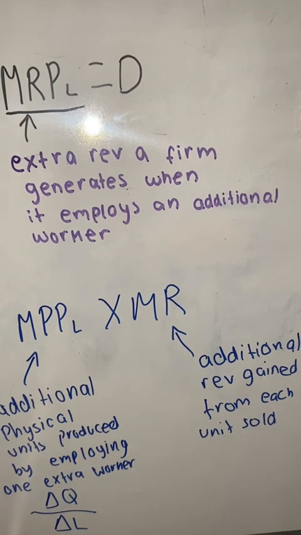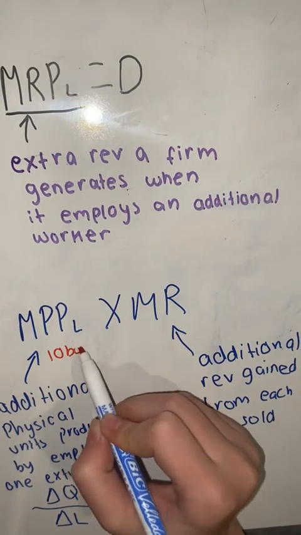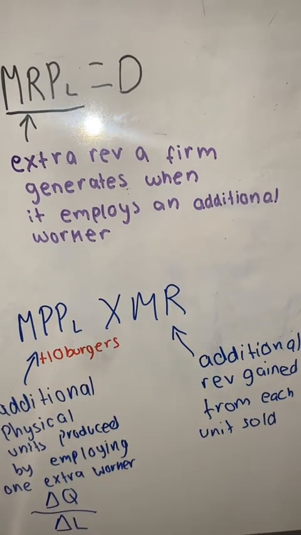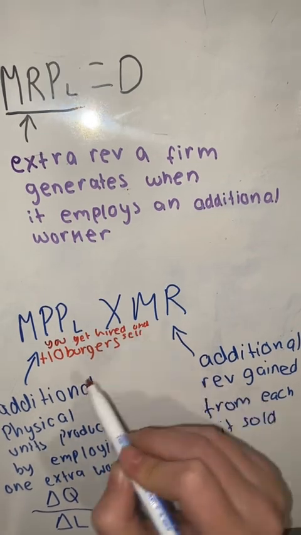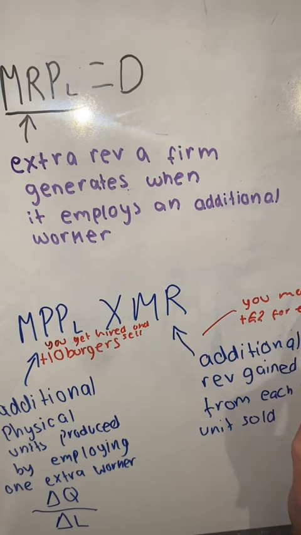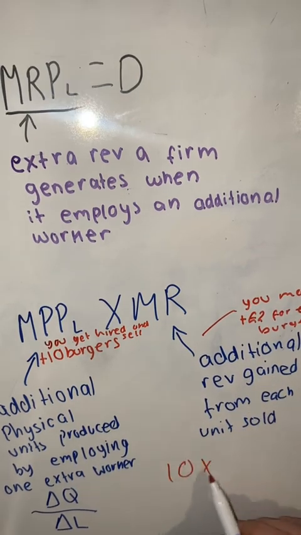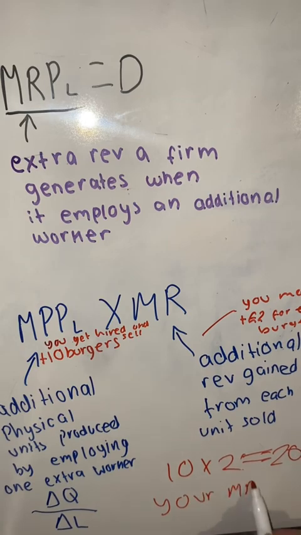So your MPPL is calculated by your change in total output over your change in quantity of labour. So imagine you're hired at McDonald's or Burger King or something like that, and you make 10 burgers when you're employed, and for each burger you earn £2 of revenue. So to work out your MRPL, you would do 10 times 2, which is 20. Your MRPL is 20.